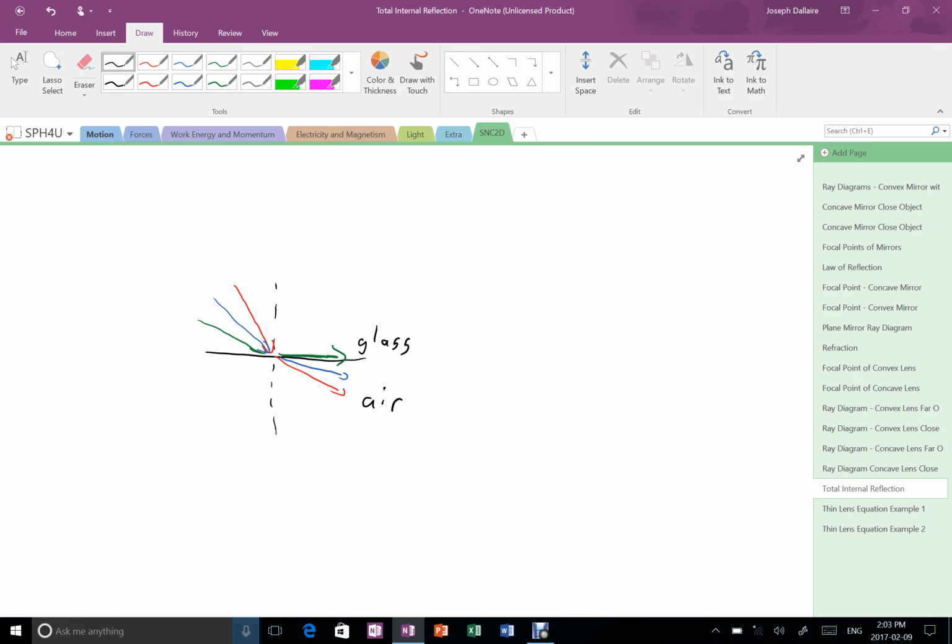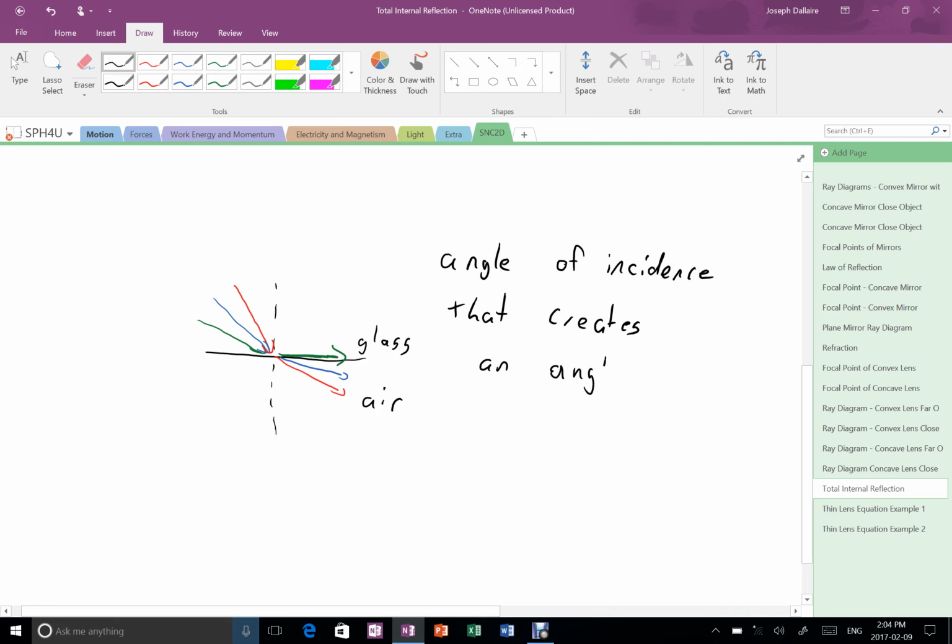The angle of incidence that creates an angle of refraction of 90 degrees is called the critical angle.